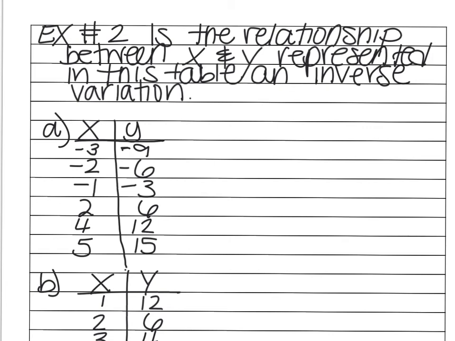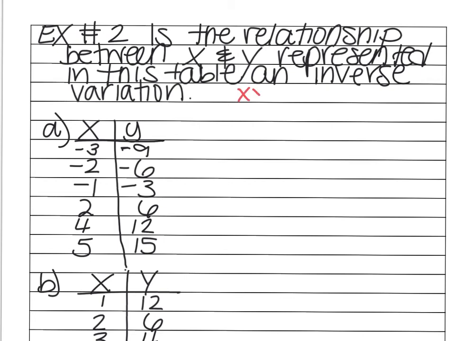The next example says, is the relationship between x and y represented in this table an inverse variation? In order to find that out, you have to see if you have a constant k. And if k isn't constant, then it is not an inverse variation. So the way you're going to do that is you're going to remember your formula, which I'll write again.